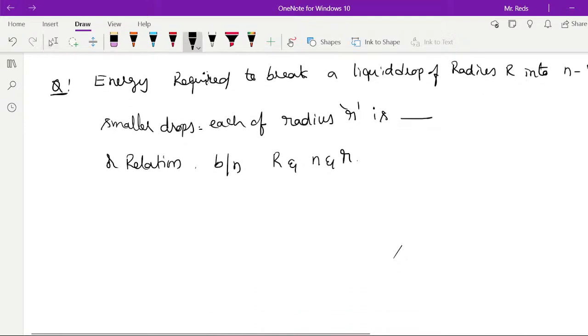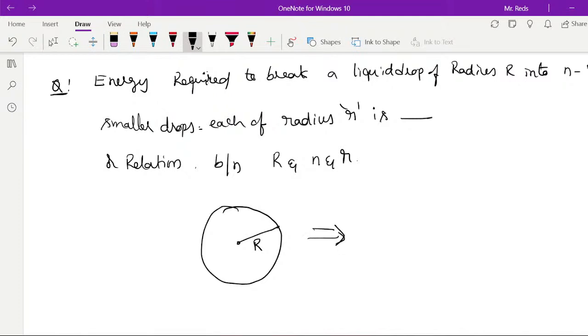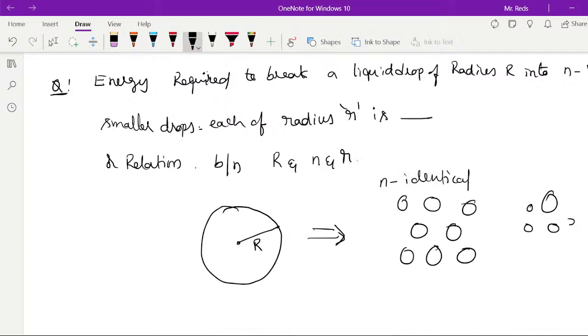So what you have to understand here is, if you have a big drop of radius capital R, and this is split into n identical smaller drops, each of radius small r, all should be identical.